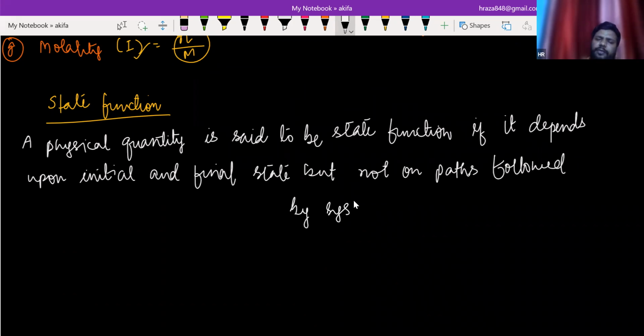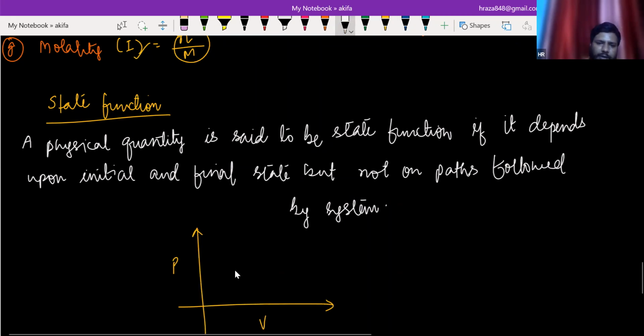So basically, a state function is one which depends upon initial and final position, not on the path followed by it. So if we have a graph between pressure versus volume, and if we have three paths like this, the same destination and the same origin.